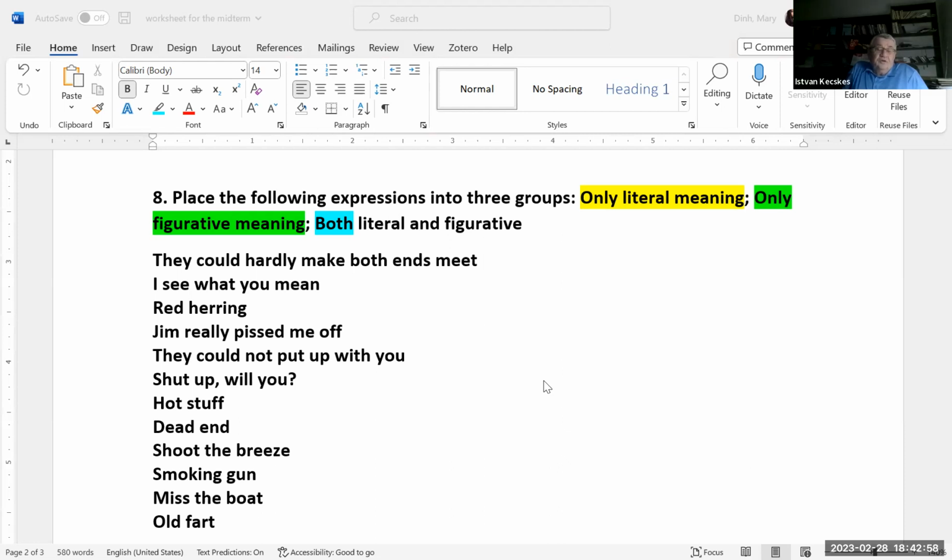If you decided that it's figurative, the question is whether a literal meaning is associated with it as well. If there are both, put it into number 3. If there is only literal, put it in number 1. If there is only figurative, put it in number 2. Each expression should go into one of these three groups. From now, you have 5 minutes. Okay, start.